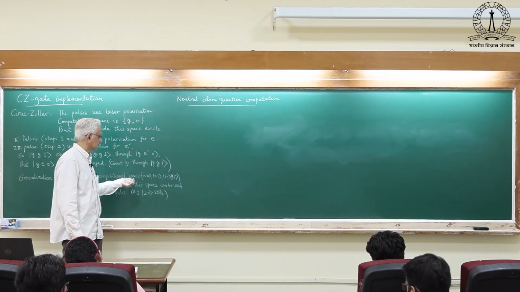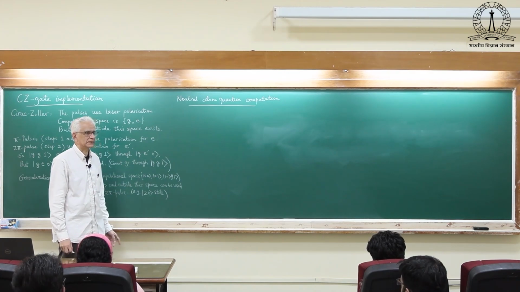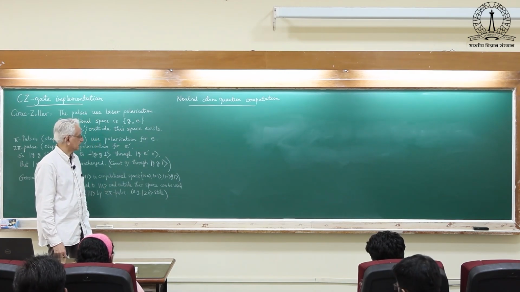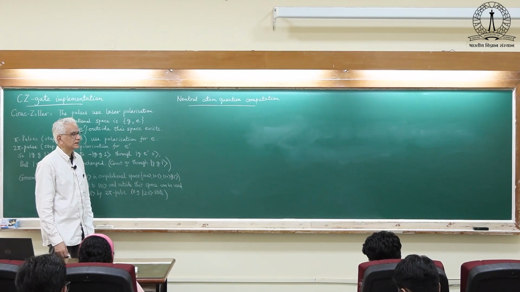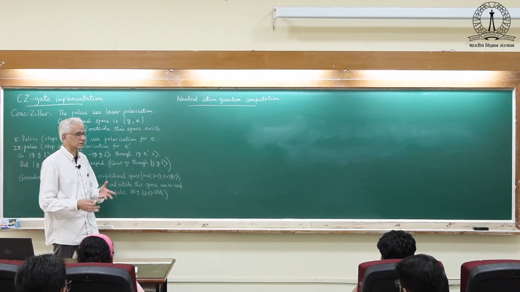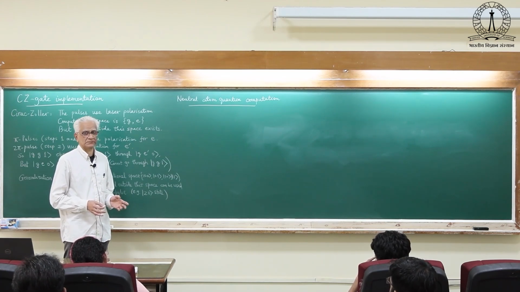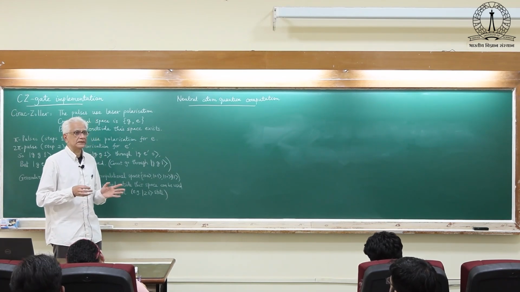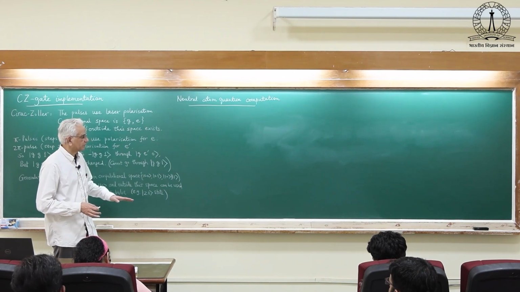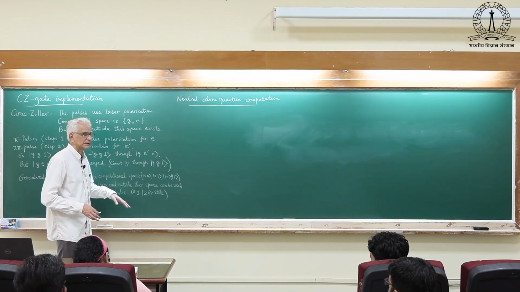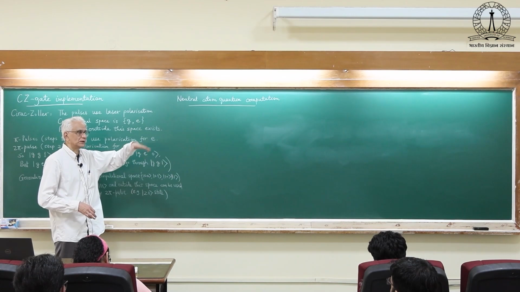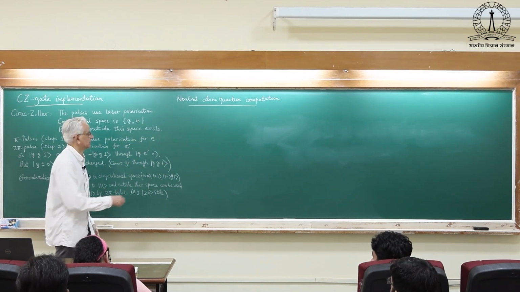It has yet another trick to implement this 2-qubit interaction and the control Z gate, and that depends on what I mentioned last time, the existence of Rydberg atoms. So the Rydberg states are not used as any of the ground state, but they are used as virtual intermediate excited states.